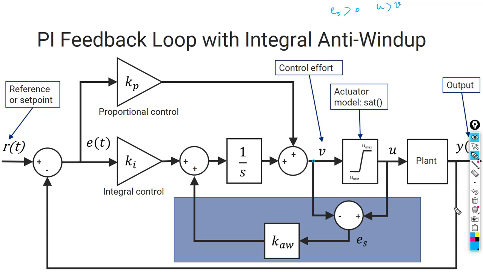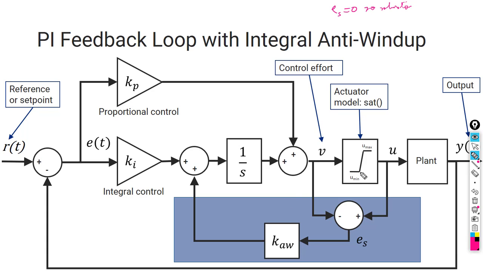Usually, if V is below U max, then V equals U, and if V and U are equal, the saturation error equals 0, and this is not considered, as if it does not exist, because you are multiplying by 0. This is the situation when you have no saturation, and then this block doesn't exist.